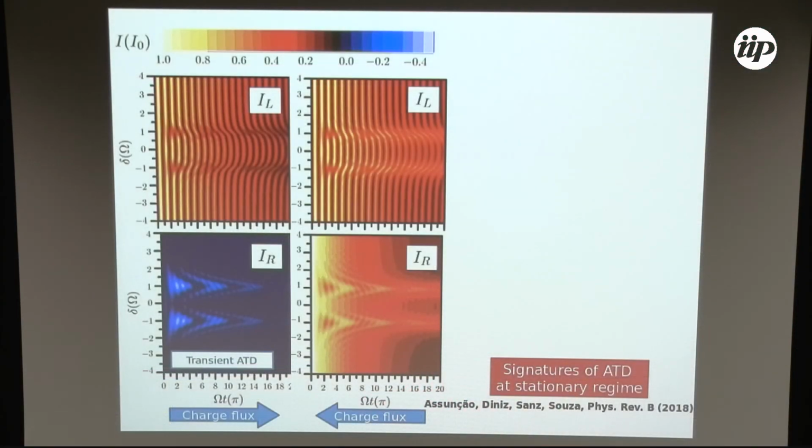On the left side, we have the opposite. The right reservoir operates as a drain, which means that the Fermi level is very low in energy. So electrons in the superconductor jump to the dots. An electron that arrives in the dot can jump to the drain, the right reservoir, and the other electron remains locked there.